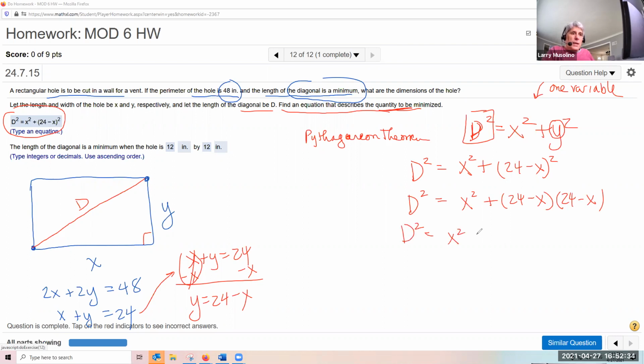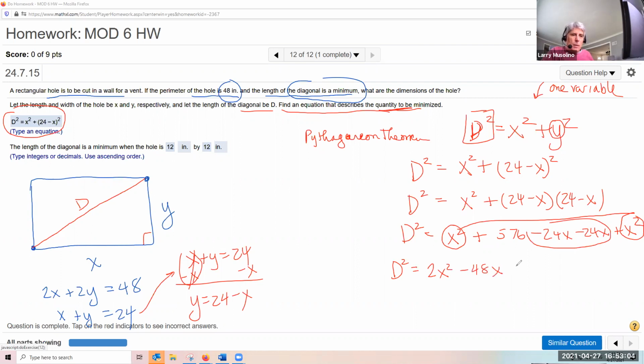Doing a FOIL multiplication, I end up with 24 times 24, that's 576, minus 24x minus 24x plus x squared. So D squared is 2x squared minus 48x plus 576, because I combine these together.